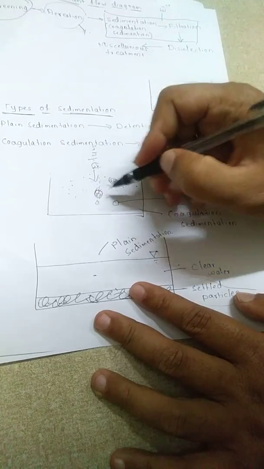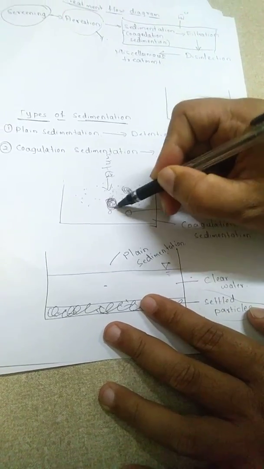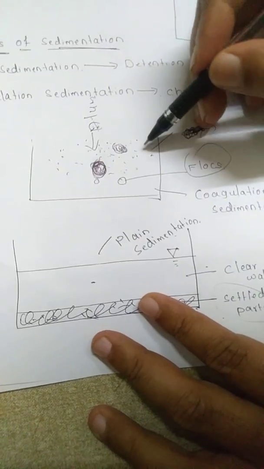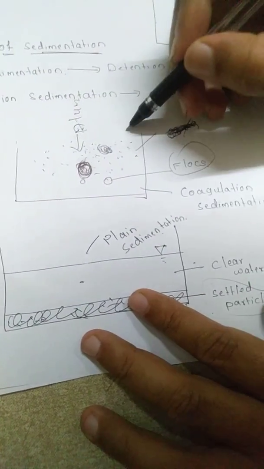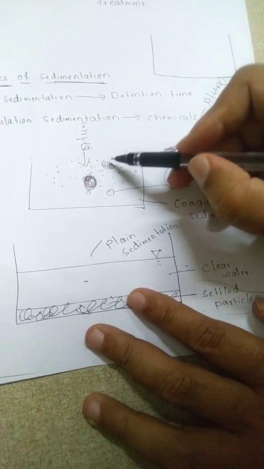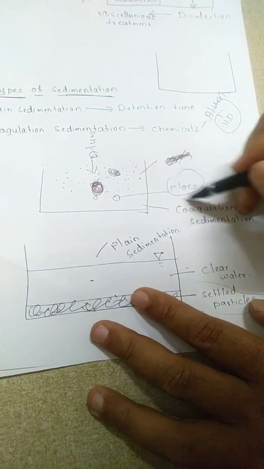They are going to form a ball-like structure. We call it a floc. Remember, we call it a floc. The suspended particles, after adding the chemicals, interact with each other since they are oppositely charged, and they come closer together and form the ball-like structure.